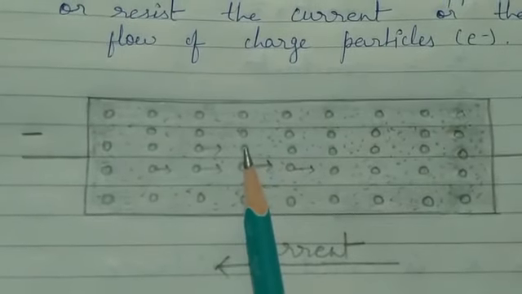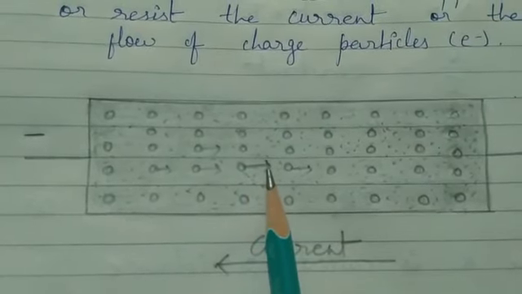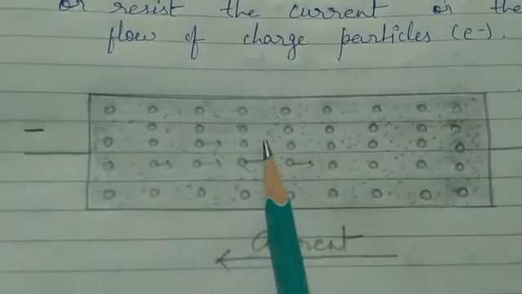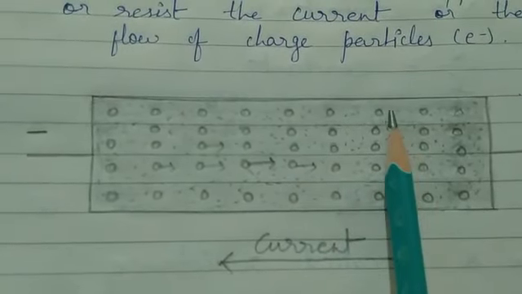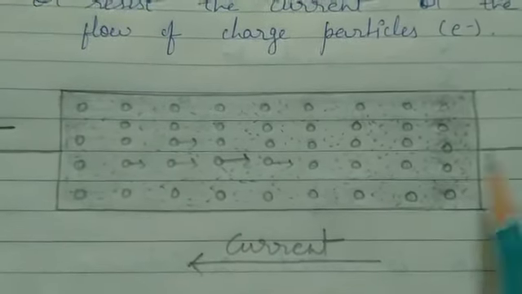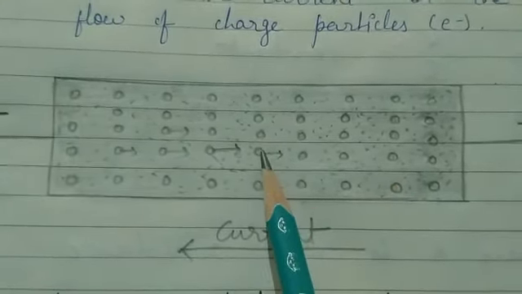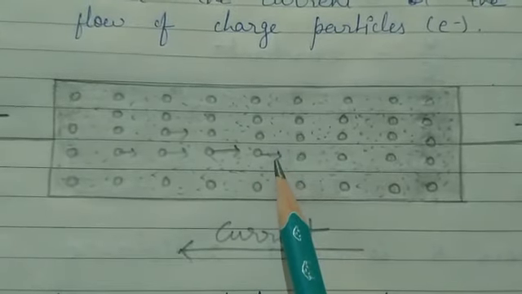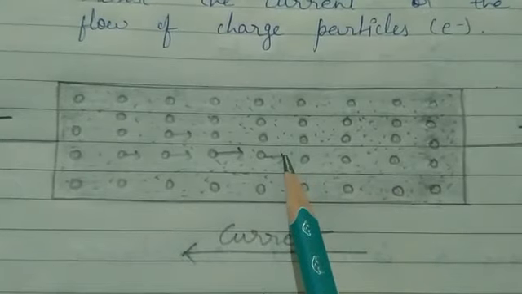Here you can see electrons moving in this direction, but in their path so many particles are present. In every conductor many particles are present, so when an electron is moving from one place to another, in its path it collides with these particles.